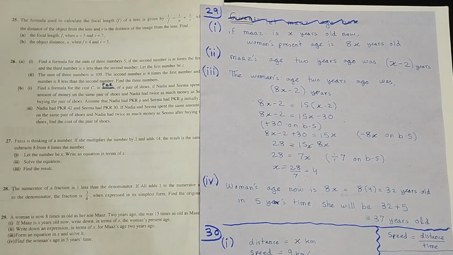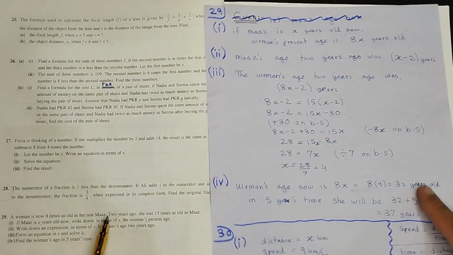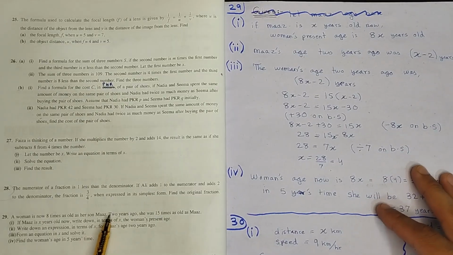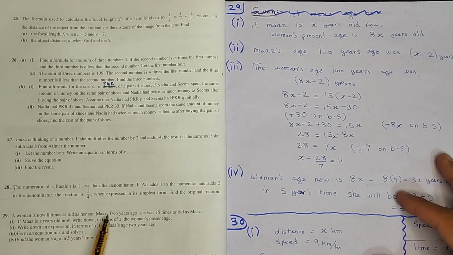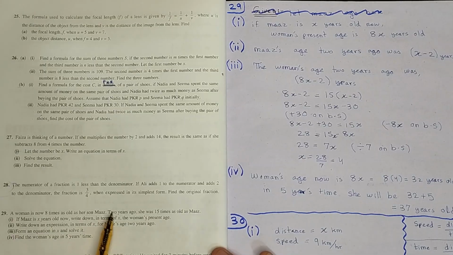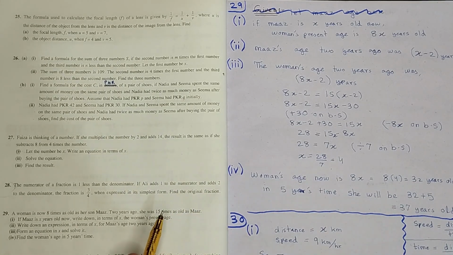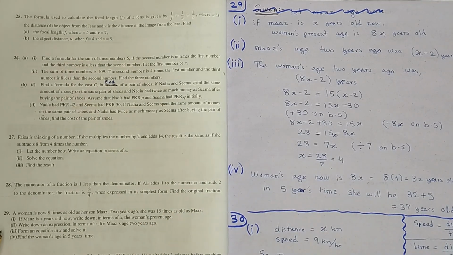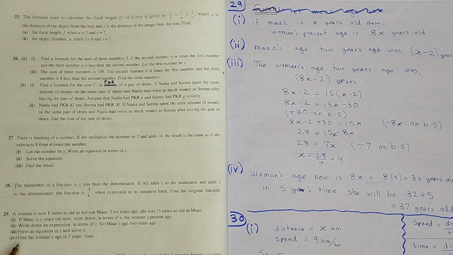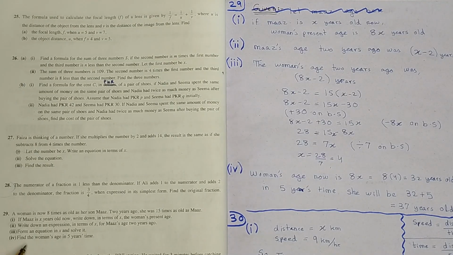At this point, the second statement is basically our equation: 2 years ago she was 15 times as old as Maz. This is going to give us our equation.